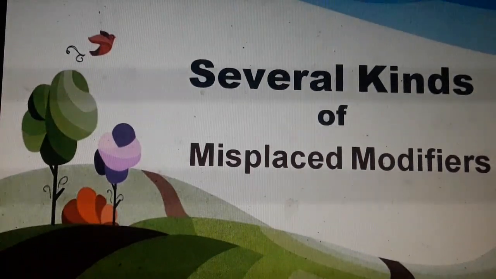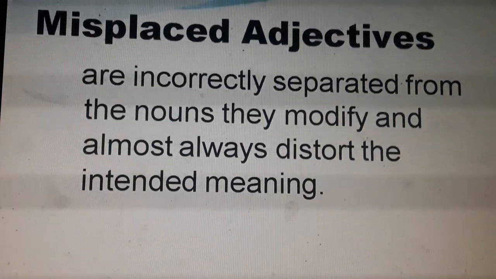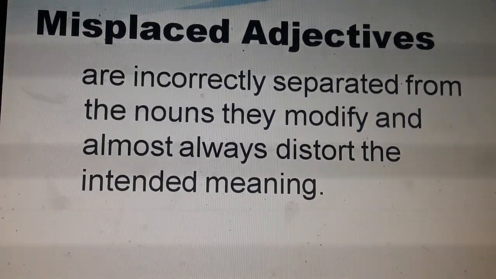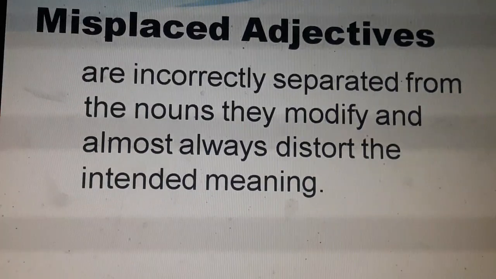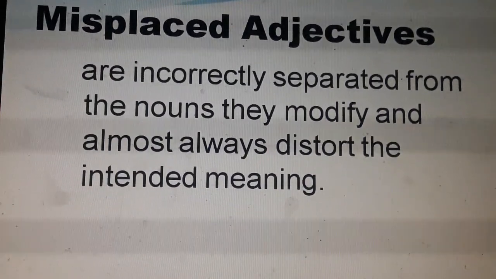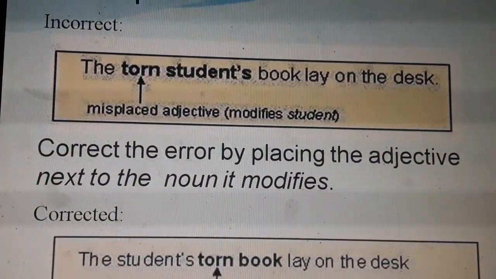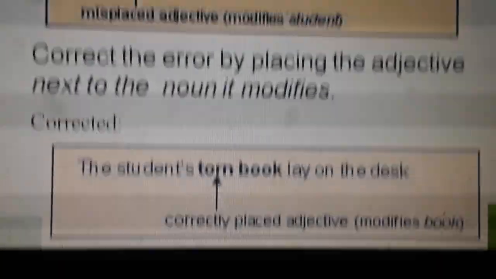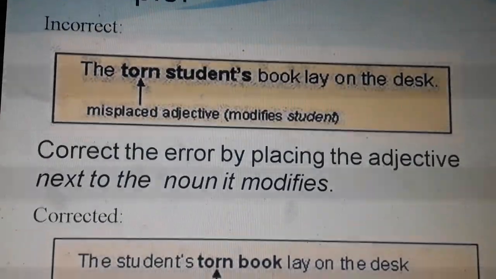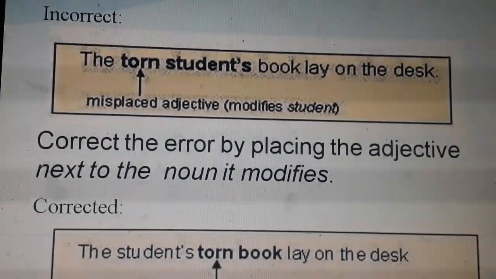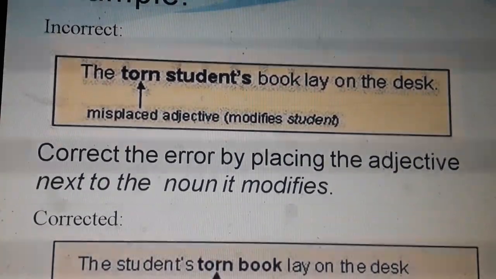So there are several types of modifiers, and misplaced adjectives are incorrectly separated from the nouns they modify and almost always distort the intended meaning. Look at the examples. First example: a torn student's book lay on the desk.